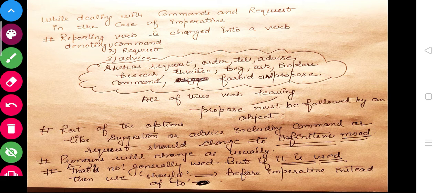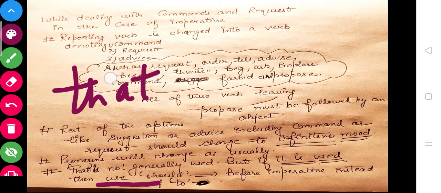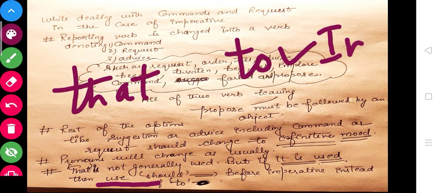Then there is a very urgent point we should remember. If that is not used, generally, but if it is getting used, suppose we are using that, what happens is, when we are making use of that instead of to, which makes it infinitive form, that makes it like a noun clause or something.